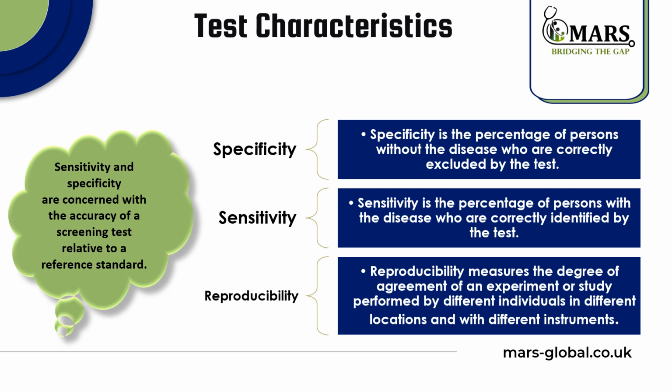Sensitivity is the percentage of persons with the disease who are correctly identified by the test. Reproducibility. It measures the degree of agreement of an experiment or study performed by different individuals in different locations and with different measuring instruments. Both sensitivity and specificity are concerned with accuracy of a screening test relative to a reference standard.